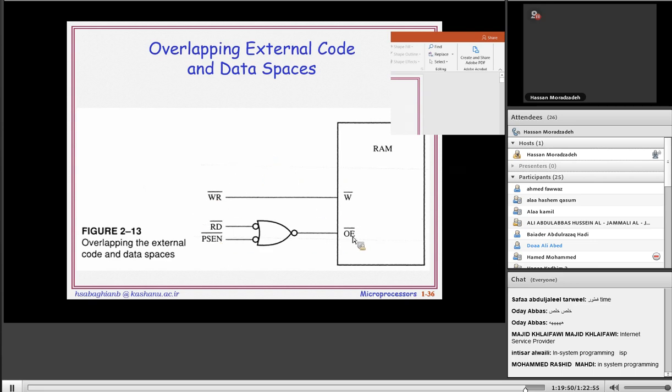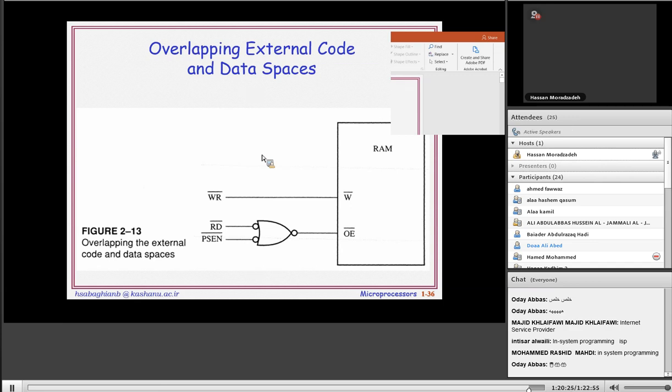What was ISP? ISP is Internet Service Provider, but here, as Mr. Ansar said, ISP is in-system programming.